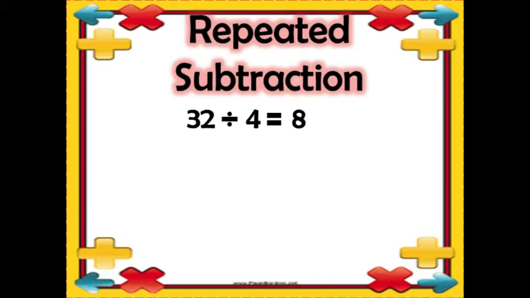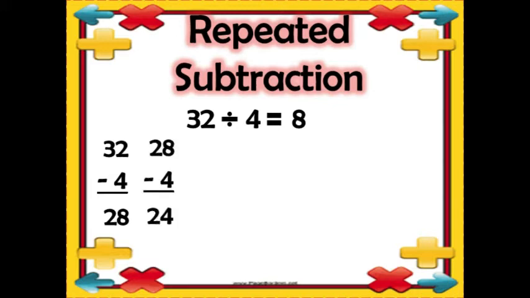First, let's subtract 4 from 32. 32 minus 4 is equal to 28. After that, the next thing we have to do is subtract 4 from the answer again. So 28 minus 4 is 24. Next one is 24 minus 4 is equal to 20.